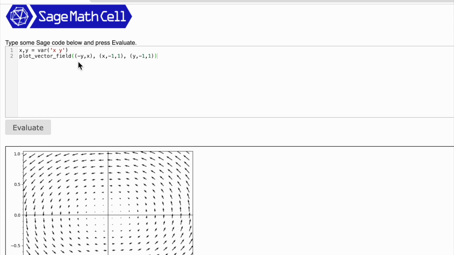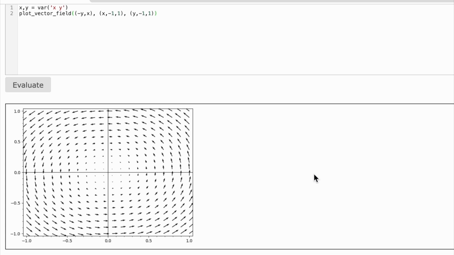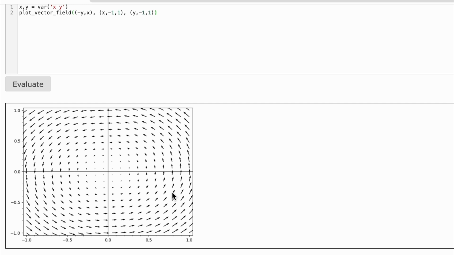Remember, the vector field is (-y, x), and I'm giving this window here for the values of x, y. We can actually use essentially any window here. And here we see the plot that the computer does with more points.